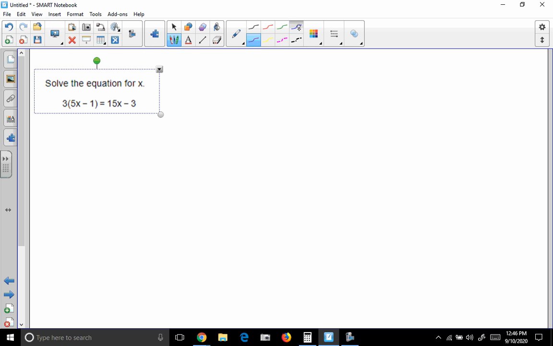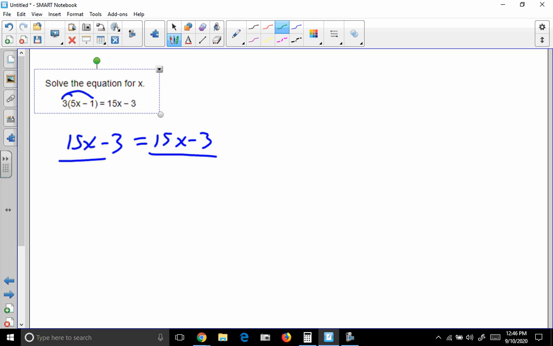On this next one, no fraction. So get rid of the parentheses. So we get 15x minus 3 equals 15x minus 3. Notice those two sides are exact matches.